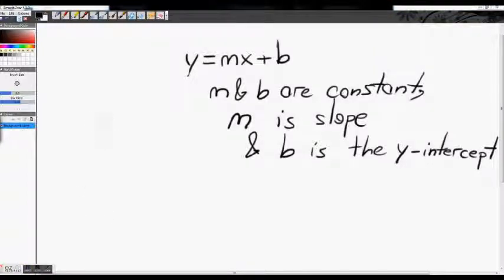But before we move on, it is probably necessary to note a few more things. This y equals mx plus b form is called slope-intercept form.